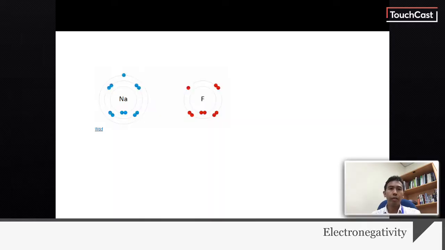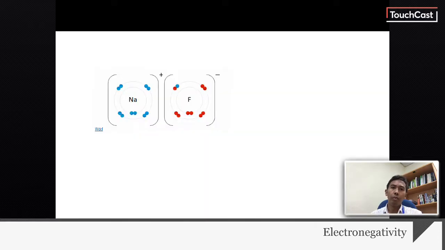Let's say we have sodium and fluorine atoms. If these atoms form a bond, which atom will tend to attract the electron more? In this case, which is more electronegative, sodium or fluorine? Yes, fluorine will attract the electron more because fluorine is more electronegative than sodium.